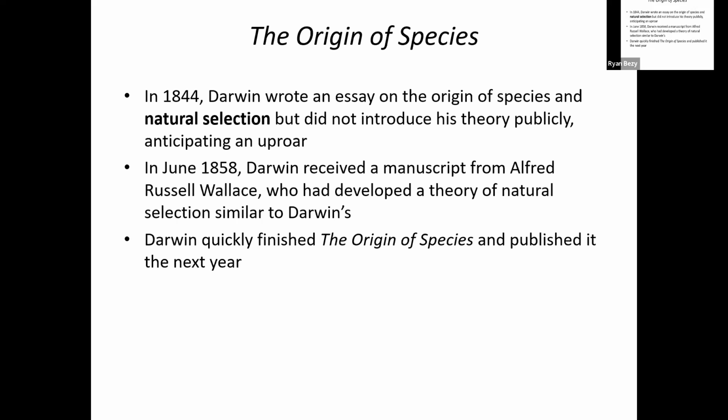As a result, Darwin's mostly gotten credit for evolution over time, whereas Wallace has been forgotten, unfortunately. But they both did publish at the same time, and Darwin didn't try to cut him out. It's just what's happened in the history books, unfortunately. Questions about that?